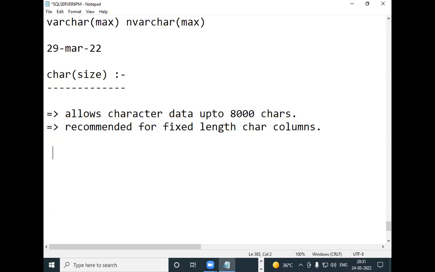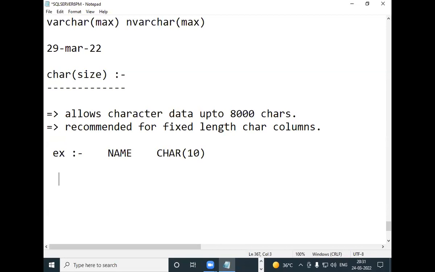Let's see an example. Suppose in the database I want to store a name. Name is what type? Character type. So I declare name char of 10.